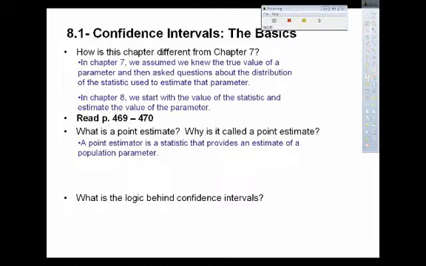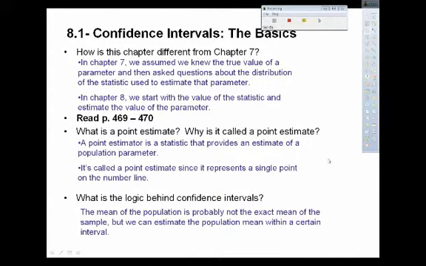That's the margin of error, that plus or minus 3%. Technically, the error component is expressed as a confidence interval, and we're going to be talking about that too. So what is the logic behind confidence intervals? Well, the mean of the population is probably not the exact mean of the sample, but we can estimate the population mean within a certain interval, and that's the logic behind it.